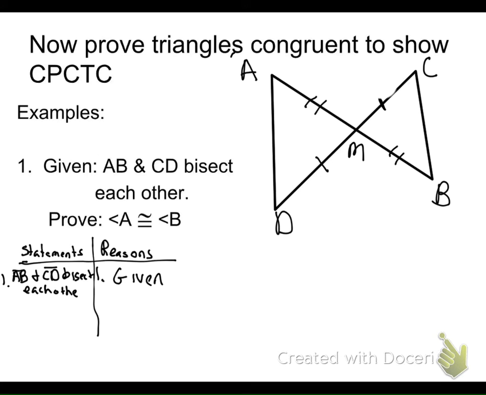But because we know what bisect means, we know something about the segments that are being bisected. They're congruent. So I can say, let's start with DM is congruent to MC, by the definition of segment bisector.